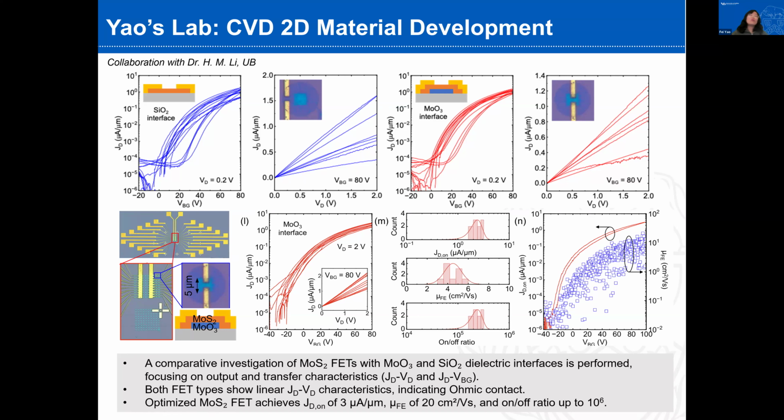Based on the arrays of MoS2 at specific locations, we produced arrays of transistors and conducted a statistical analysis. Overall, the best performing device showed an on current around 3 microamps per micrometer, field effect mobility around 20, and an on-off ratio up to 10 to the order of 6.